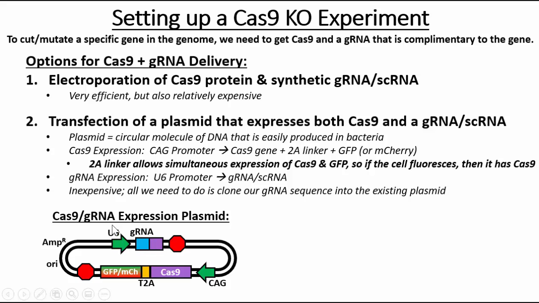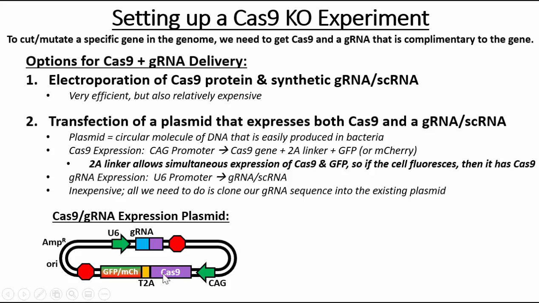In this case, the U6 promoter, RNA polymerase binds here, and then it transcribes the guide RNA and the scaffold RNA, which is shown here in purple. And then on the bottom half here, we have a different promoter, CAG, that binds RNA polymerase 2, and then it drives expression of Cas9, so here's our protein that we need.